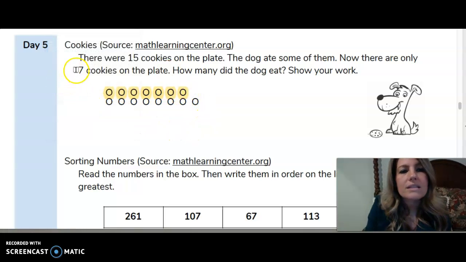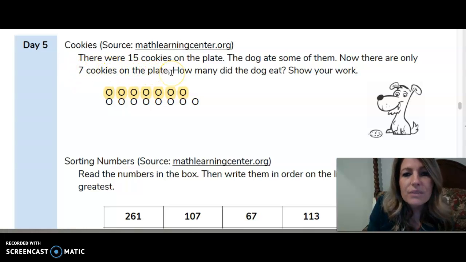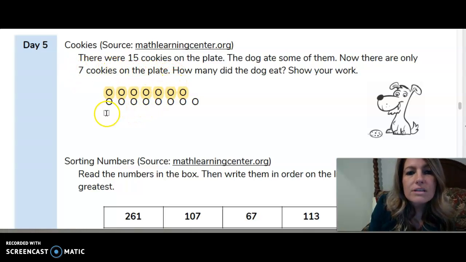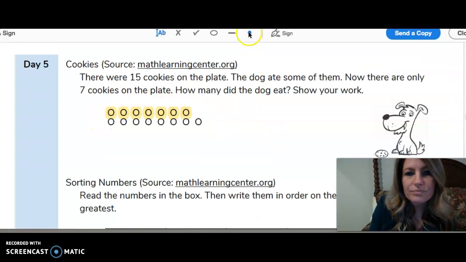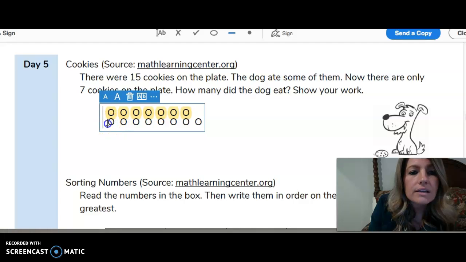Okay, it says that there are 7 cookies left. So if there are 7 cookies left, how many cookies did the dog eat? Let's take a look and try to figure it out. Okay, these are the only ones left, the ones on the top. There's 7 cookies left, so the dog ate 1 cookie.